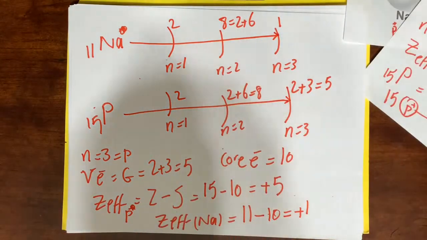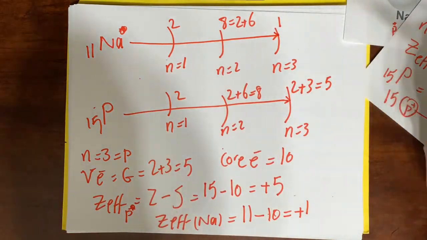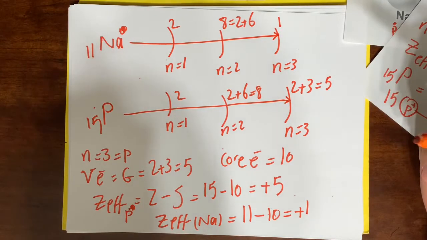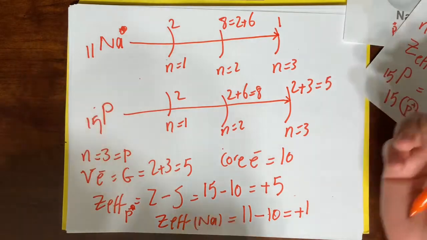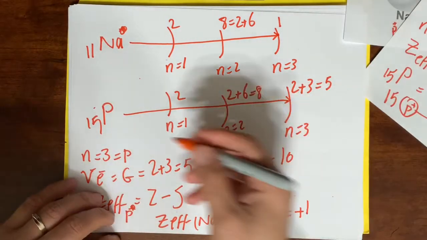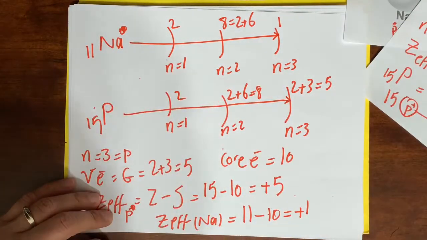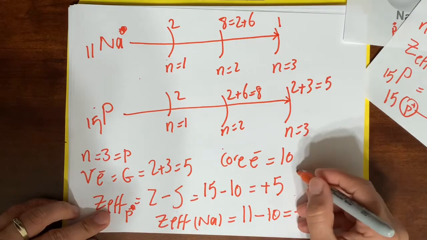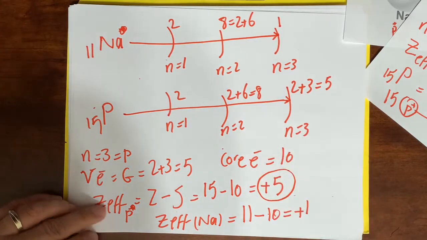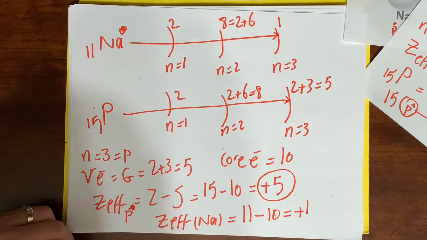The one that has more protons is going to apply higher force. Because it's applying higher force, it will apply higher attraction. That means it will be smaller. Phosphorus will be smaller than sodium because it has more effective nuclear charge than sodium.